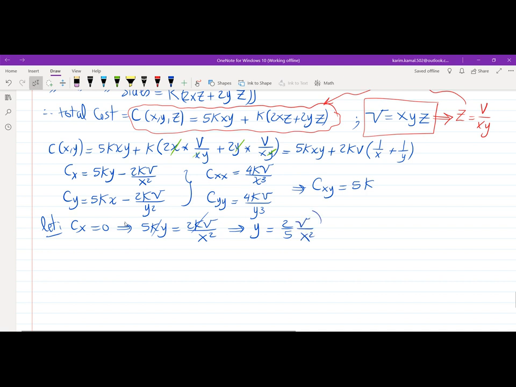Again, Cy equal to 0, which means that 5Kx equals 2KV over y squared. Also, we can cancel K with K. Then we will get that x equals 2 over 5 V over y squared. And this is equation number 2.